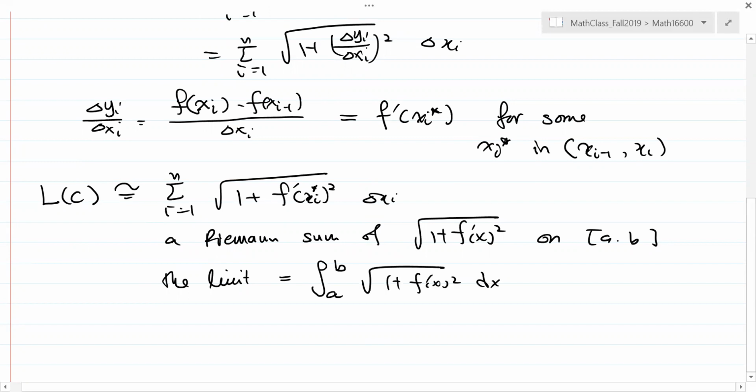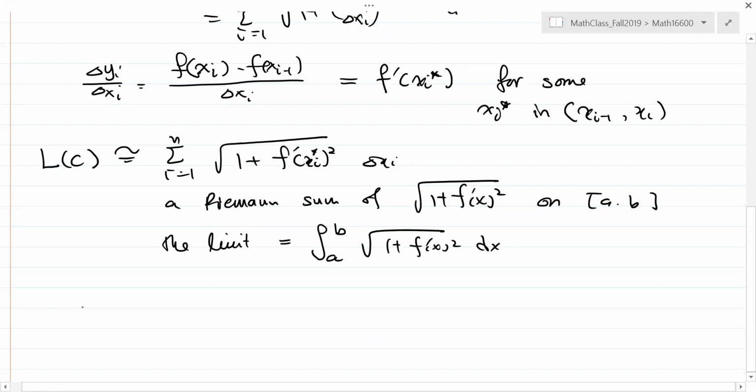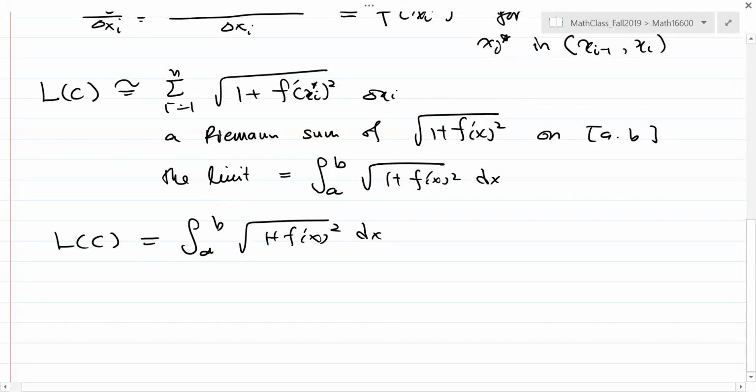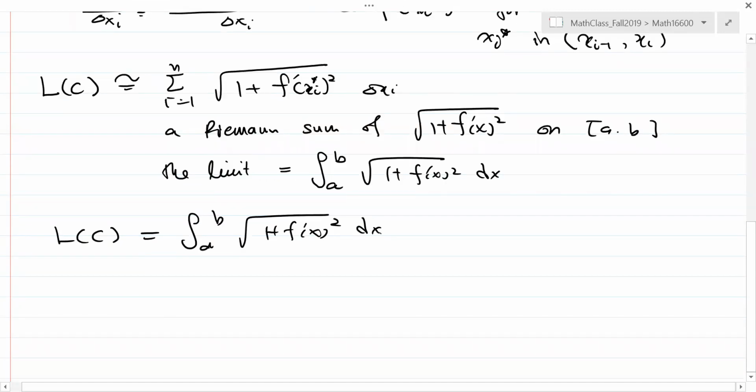So there's good reason to say that the length of the curve is given by this integral. This is how we get the formula.